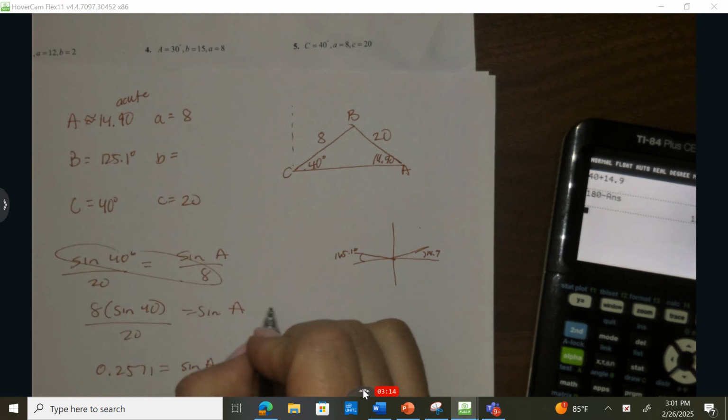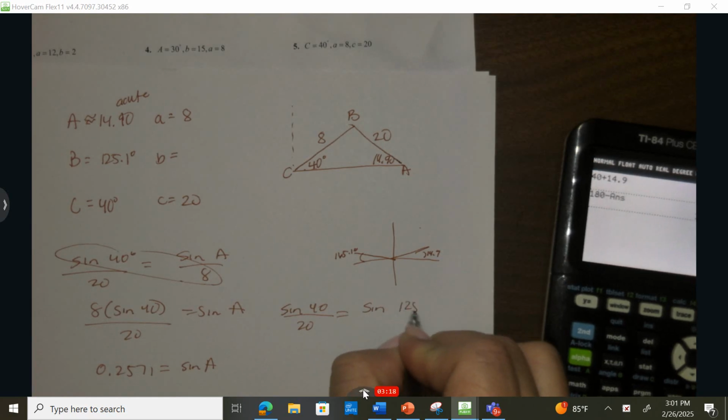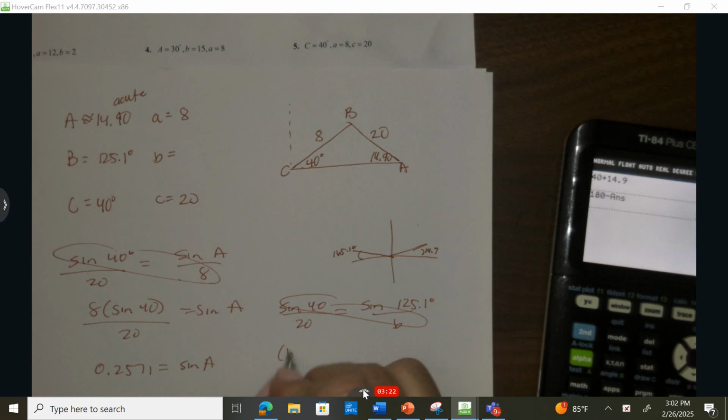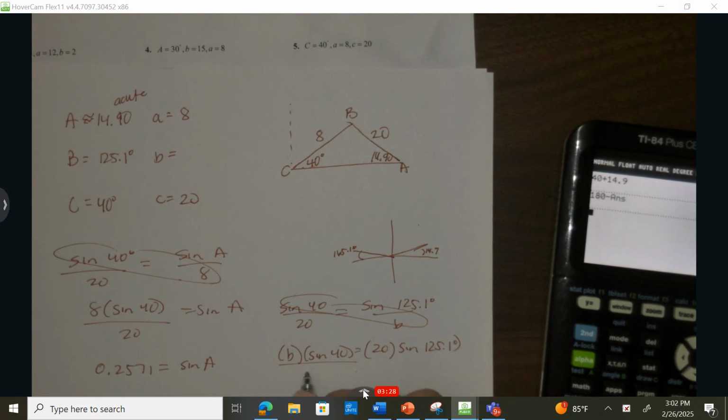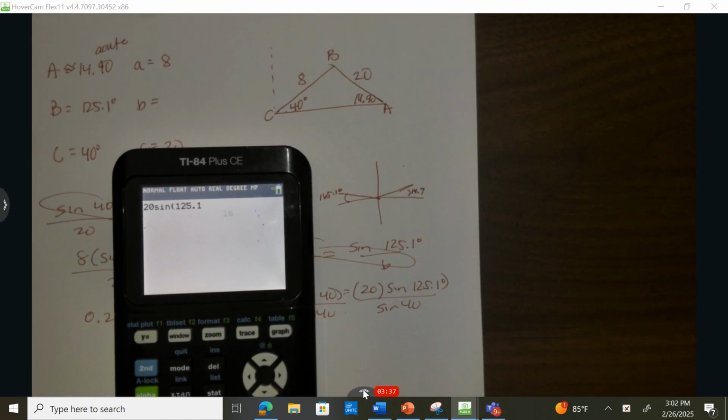I want to use the exact information. So the sine of 40 over 20 equals the sine of 125.1 over B. I'm going to cross multiply and have B times the sine of 40 equals 20 times the sine of 125.1. When I divide by the sine of 40, I've isolated B. Let's figure it out. So 20 sine of 125.1, get an answer, and then divide by the sine of 40.